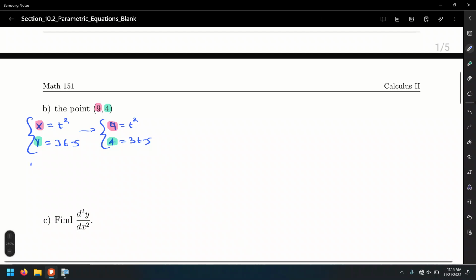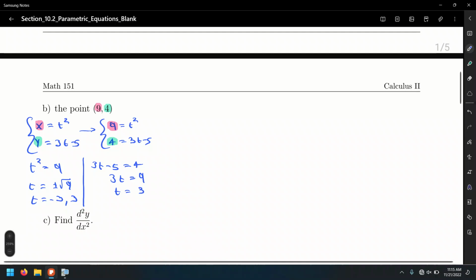So number 1, t squared equals 9, and number 2, 3t minus 5 equals 4. That means t equals plus or minus the square root of 9, so t equals negative 3 or 3. On the other hand, for the second equation, 3t equals, add 5 to both sides, 9, and t equals 3.